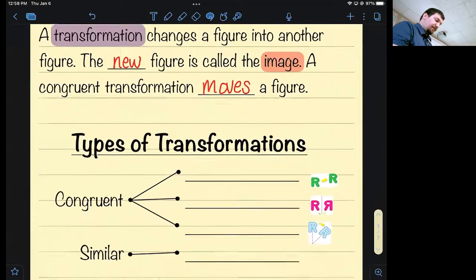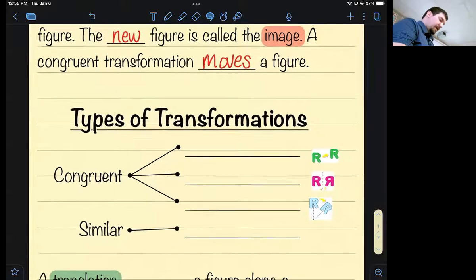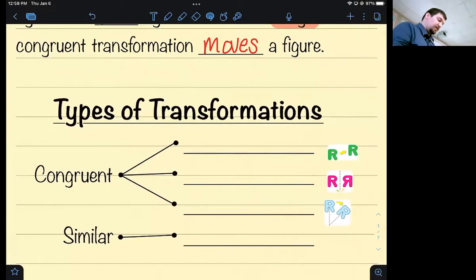And so there's 3 different ways that you can move without changing shape or size. The 3 transformations we're going to talk about: today, we're going to talk about translations. A translation is going to slide a figure around the coordinate plane.